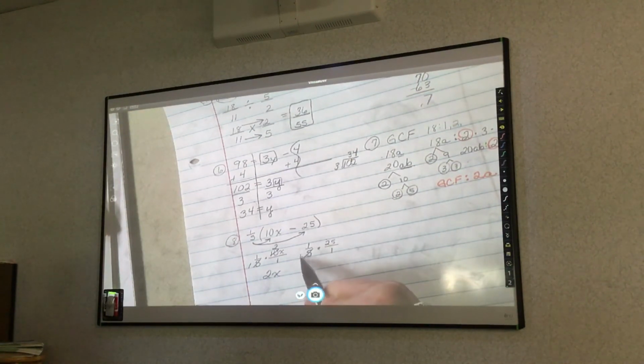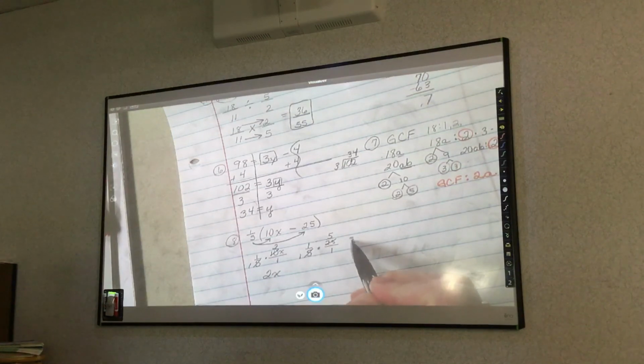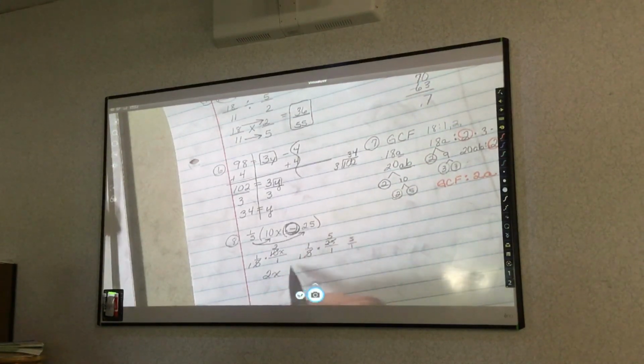Reduced by my 5s, that becomes a 1, this becomes a 5. So 1 times 1 is 1, 1 times 5 is 5. So you have it as a subtraction. So it's 2x minus 5 by using the distributive property.